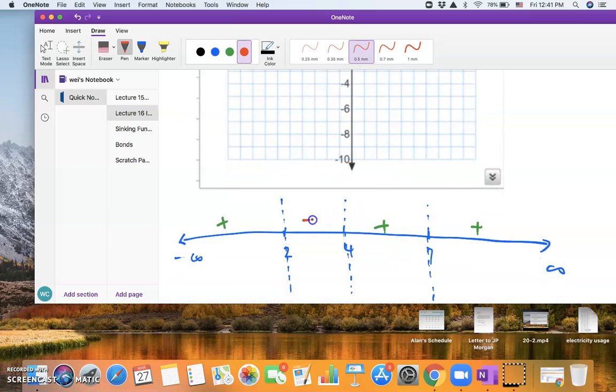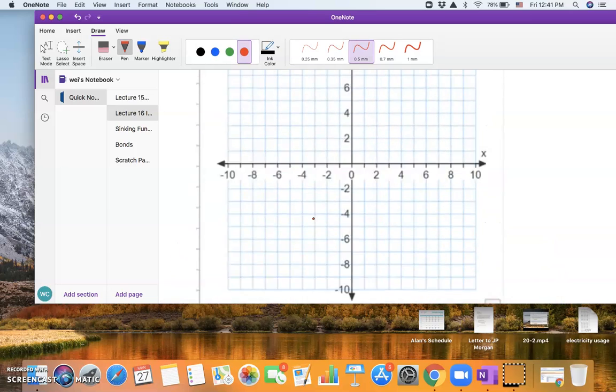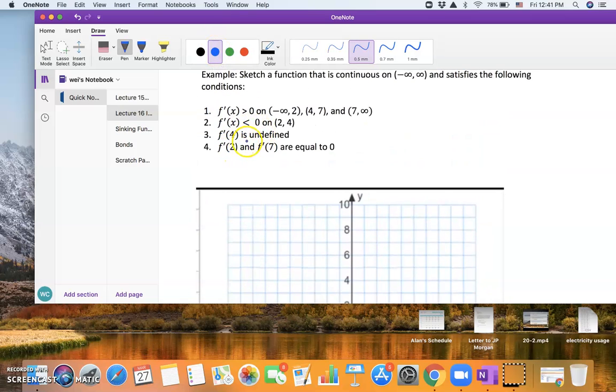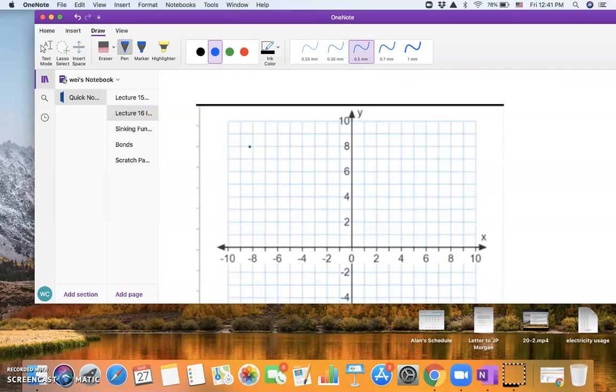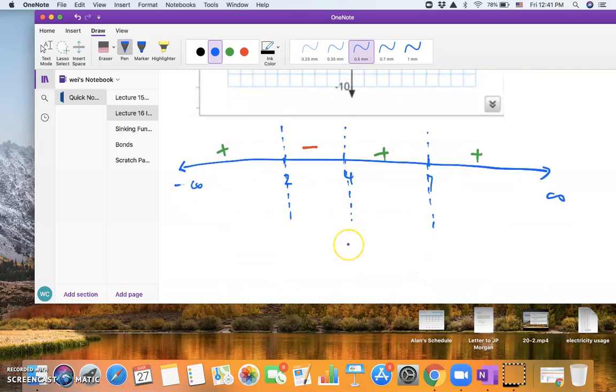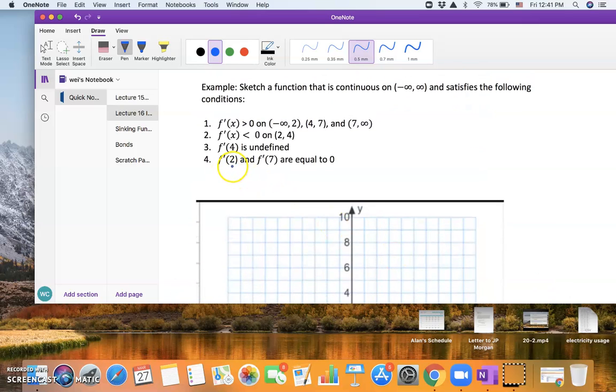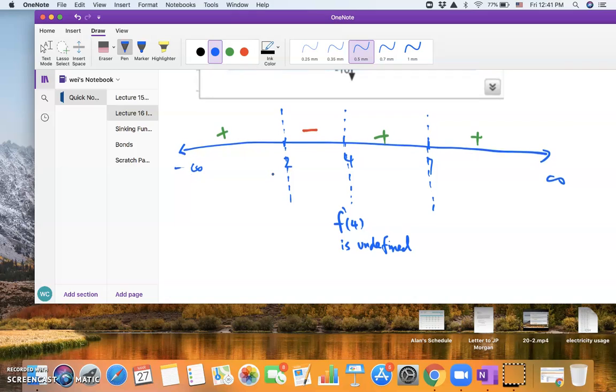And what else? The derivative is undefined when x equals 4. So the derivative is undefined. And the derivative is 0 at x equals 2 and x equals 7.